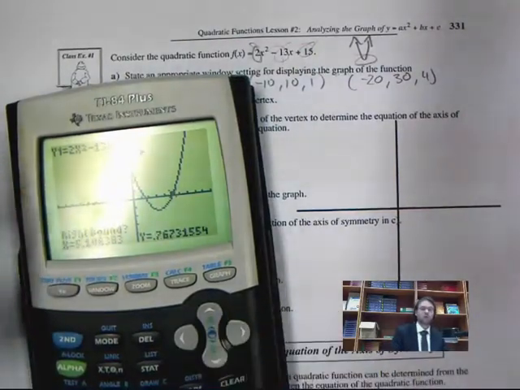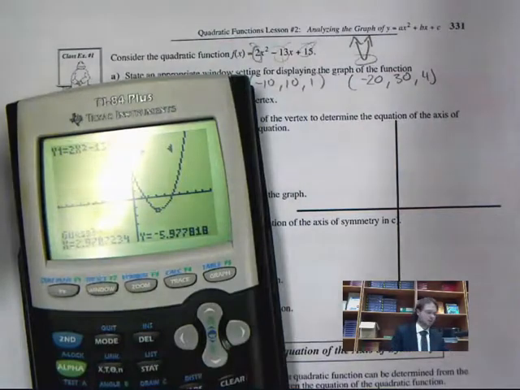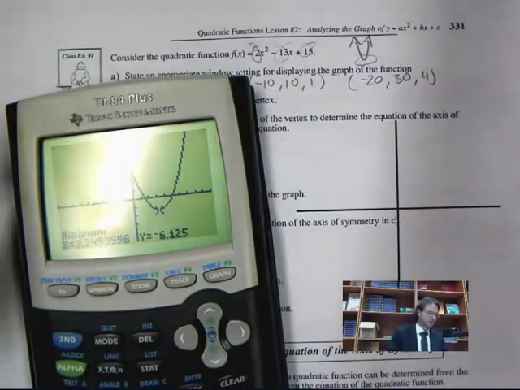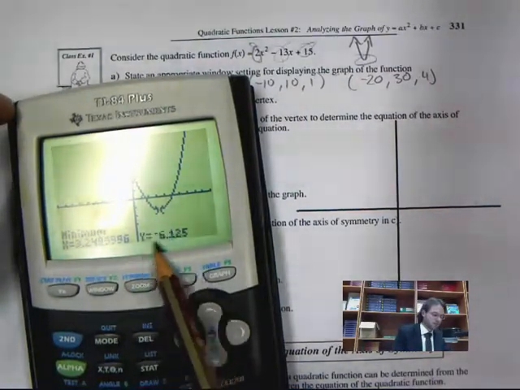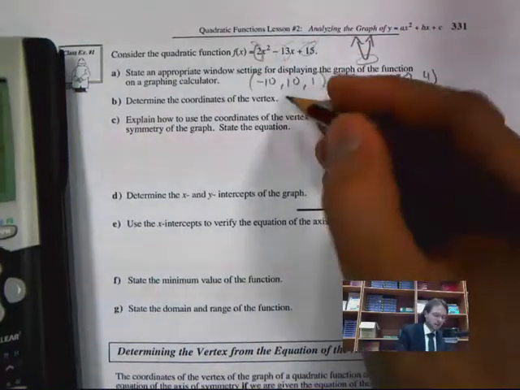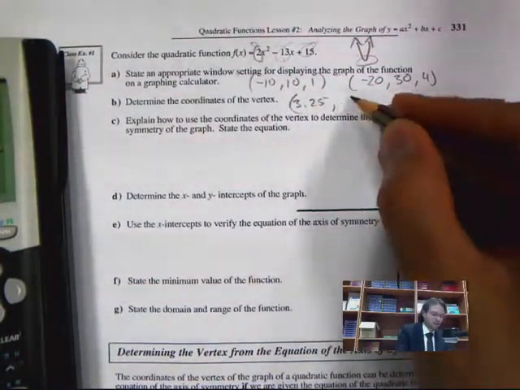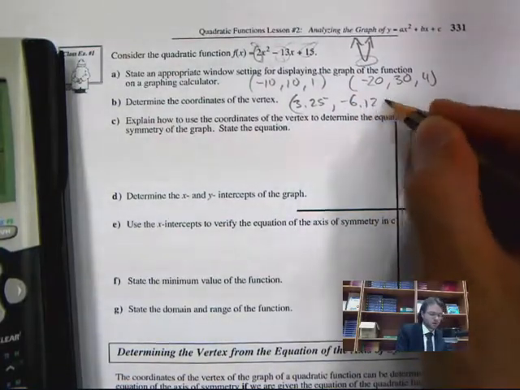So I did left first, now I'm doing right of my minimum, and now I'm going to guess. And it's around right there. Doesn't have to be exact. So I'd say my x value is 3.25, and my y value is negative 6.125.